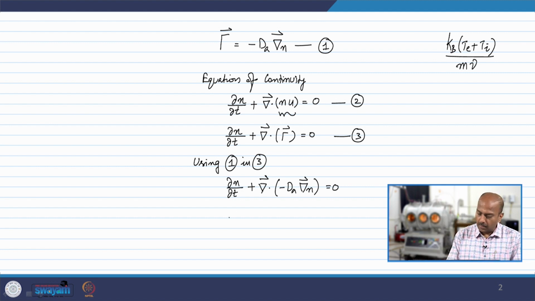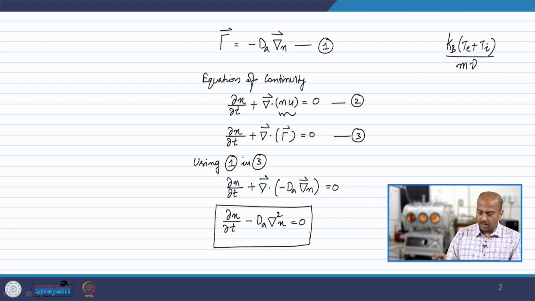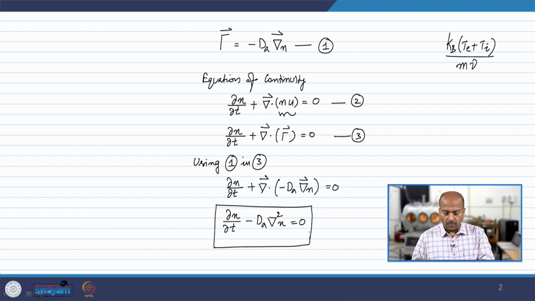Doing some simplification, we can write the rate at which the number density changes with respect to time, minus dA del square n, is equal to 0. So, dou n by dou t minus dA del square n is equal to 0. What is this?